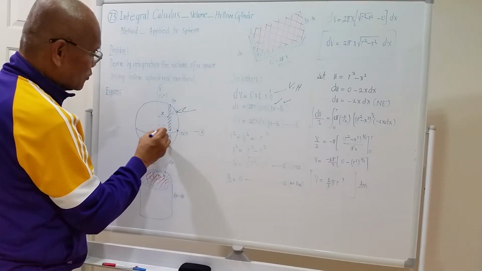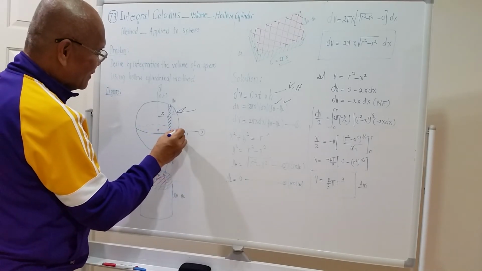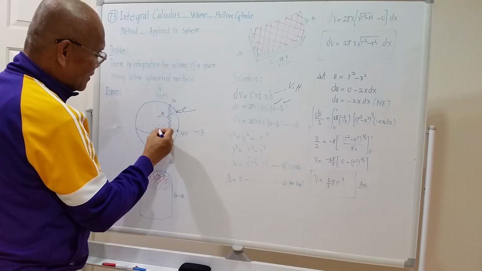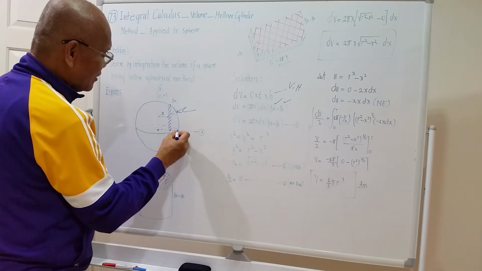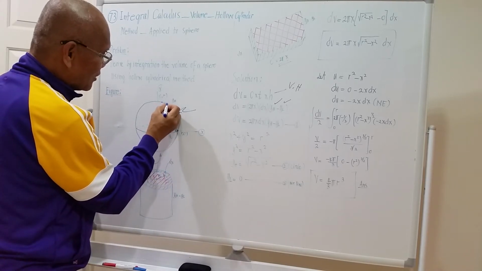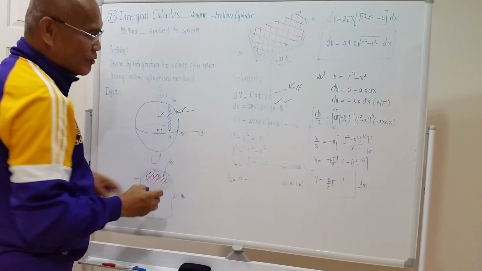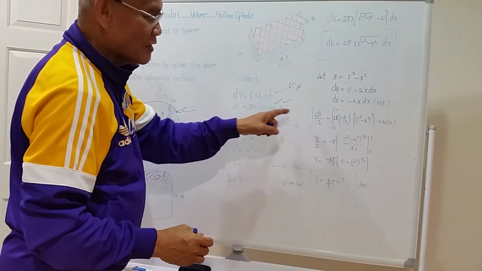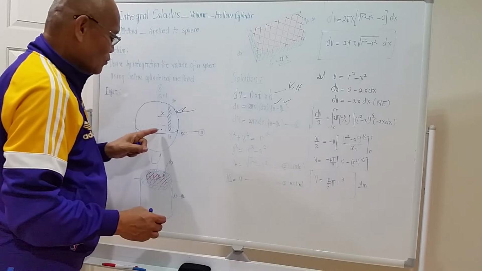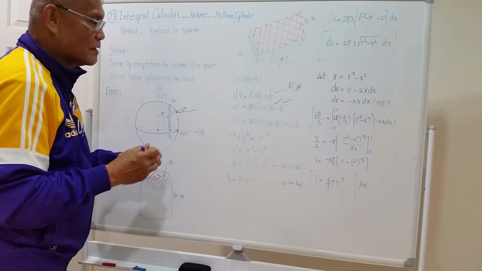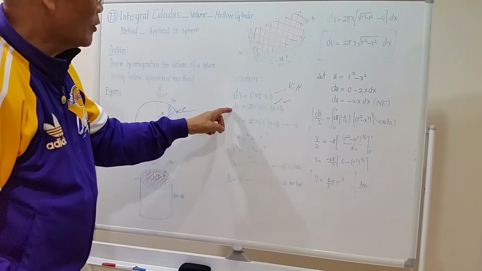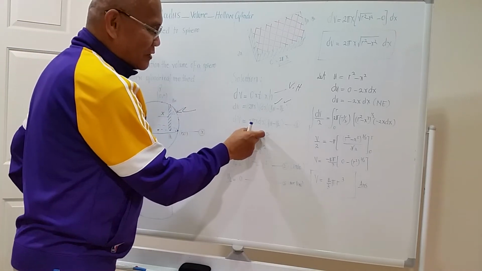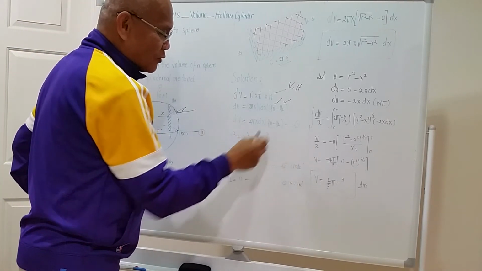As dx moves from 0 to r, the straight line is not changing, but the circle is varying. So the difference y higher minus y lower varies. So differential volume now will be 2 pi x dx times y higher minus y lower.